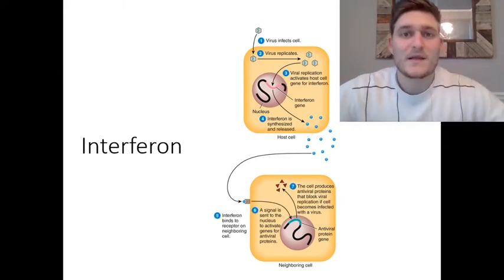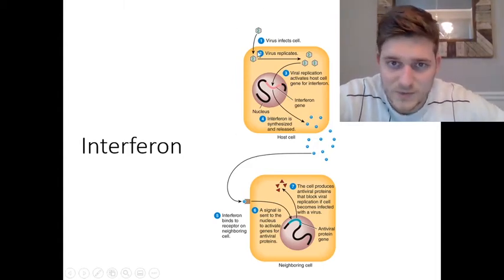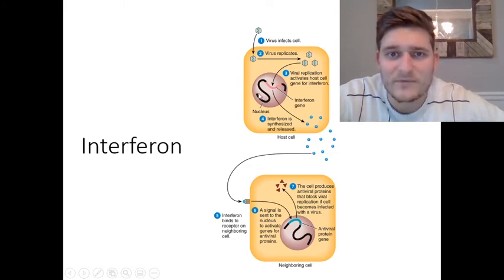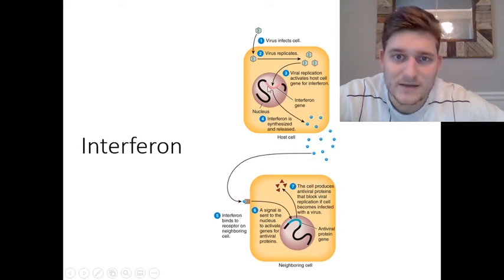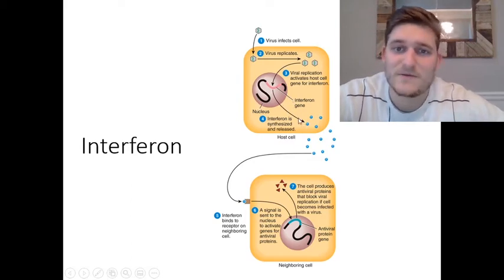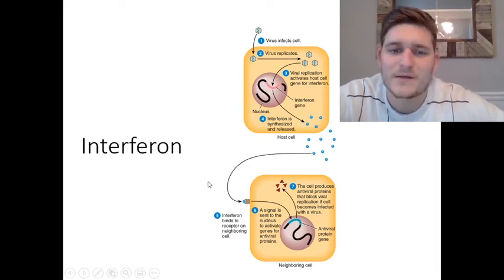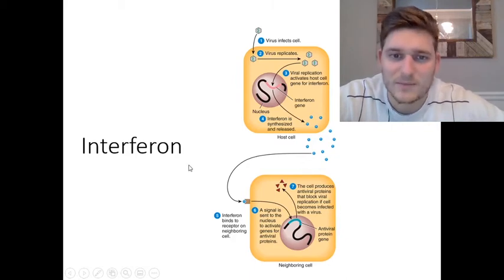And so what happens is, once that virus finds its way into a cell, the virus replication will activate genes inside of our nucleus that then will synthesize this protein, the interferon. And so that interferon is then released and will bind to receptors on neighboring cells.